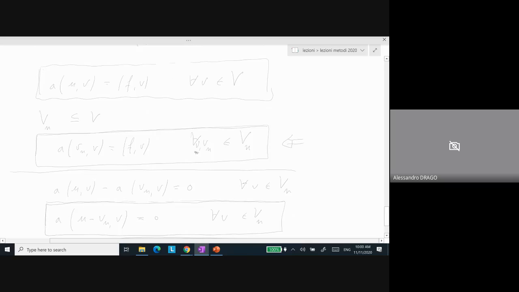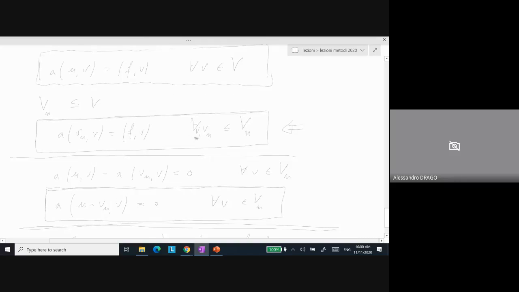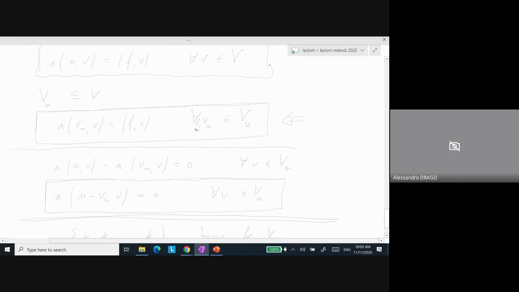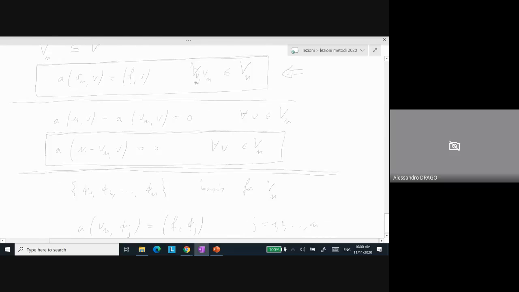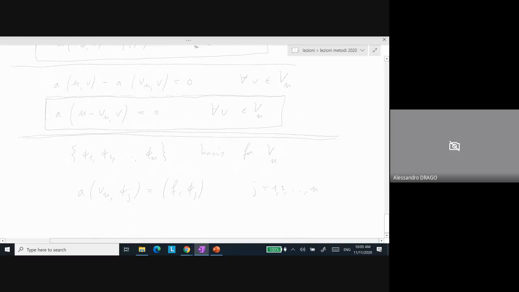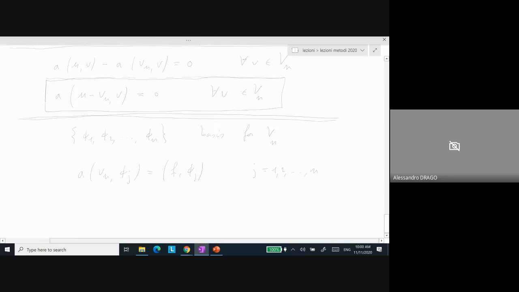It was a difficult problem. So instead of solving this difficult problem, I reduced the problem to a much easier one. I reduce myself to a subspace of finite dimensionality, and therefore that difficult problem now becomes a relatively easy problem. It is to find a Vn belonging to the subspace such that this scalar product is equal to this for each of the elements of the basis.